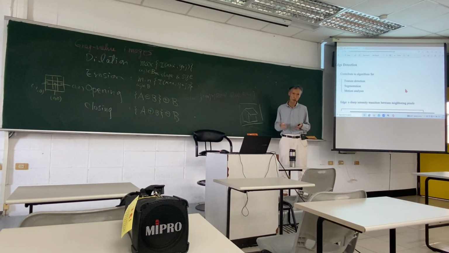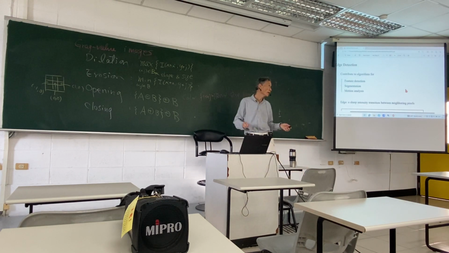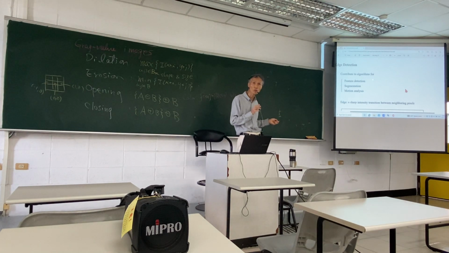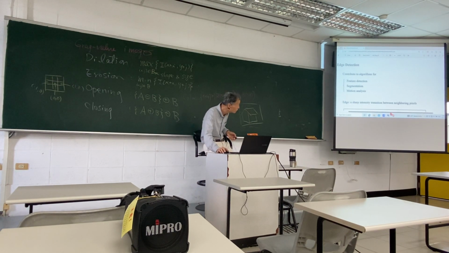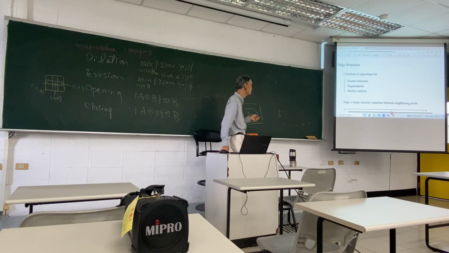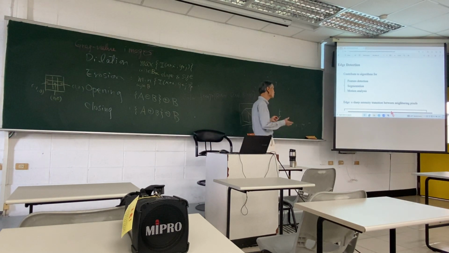Nothing else, no color, no texture. Just edges, which means edges give you the most important information in an image. So we need to spend a little bit of time to talk about how we detect the edges in an image.